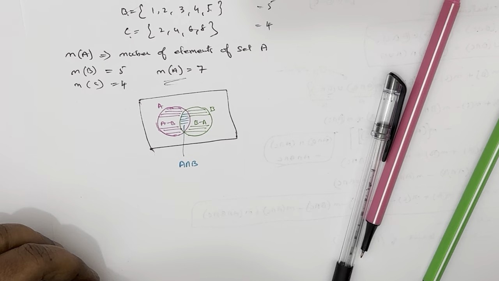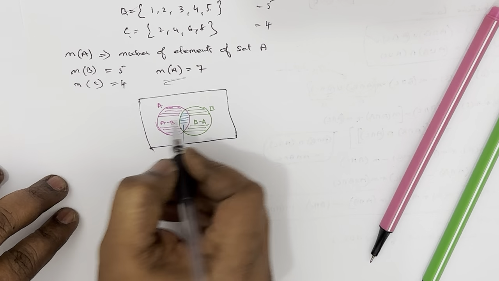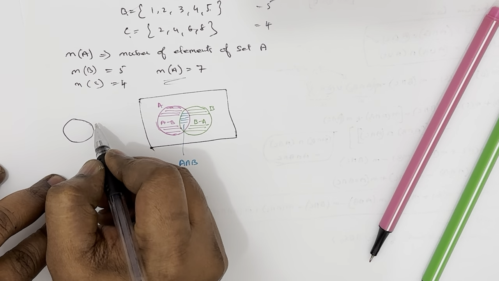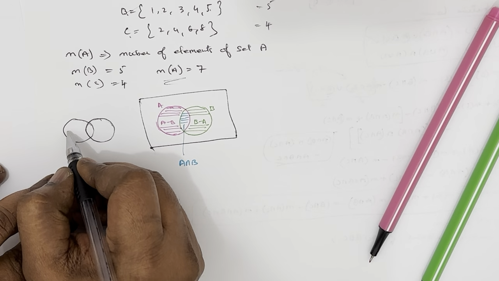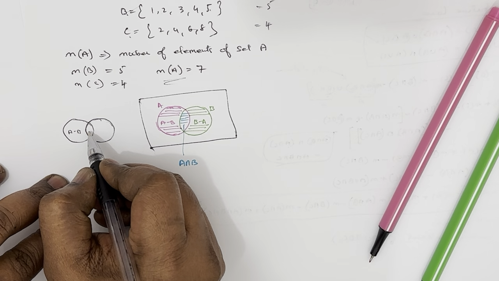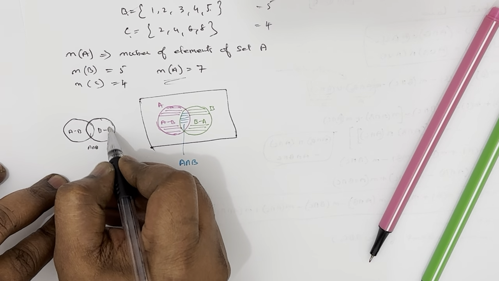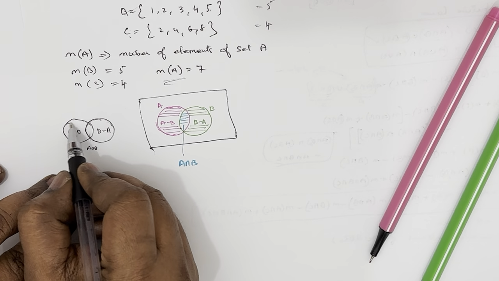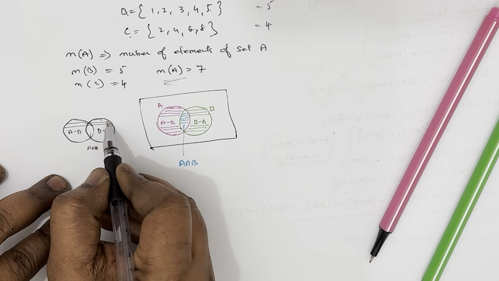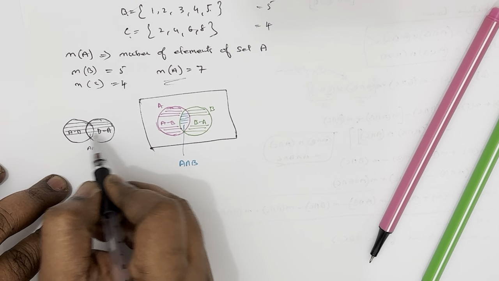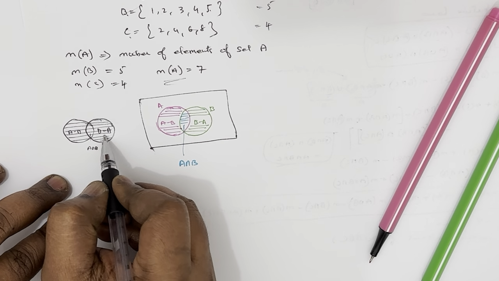Now, in the same way, this is A minus B, this is A intersection B, this is B minus A. If you color this whole two together, all the combination, what is this?